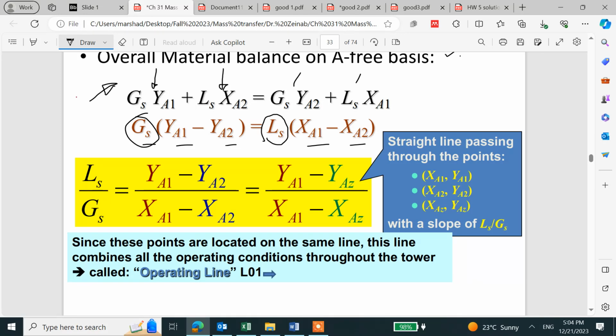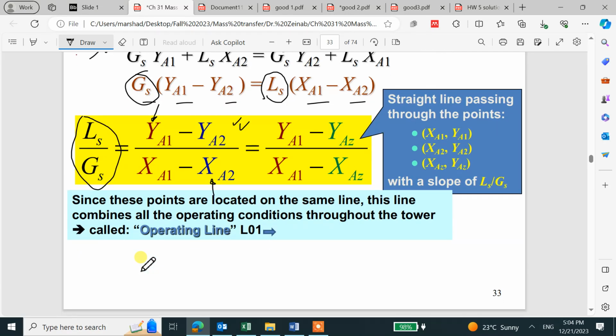So what does it mean? LS over GS is this. What we know? We know YA1, right? XA2 in solvent we know. Then how will it change? So if we know LS over GS, basically if you rearrange this, YA1 we know.